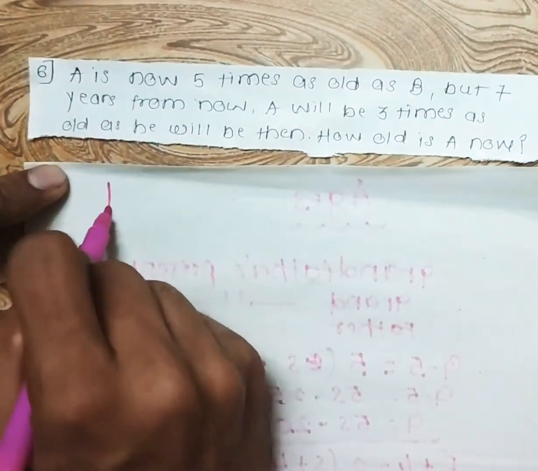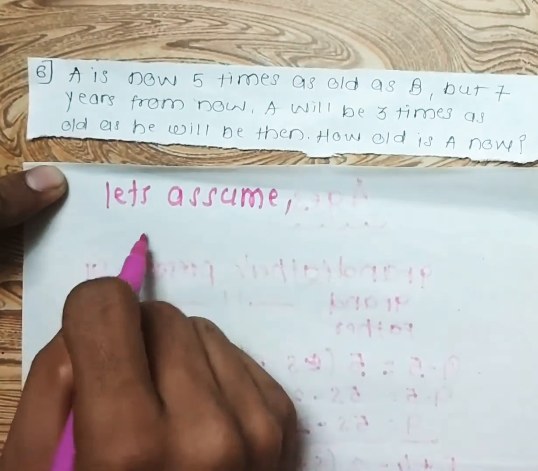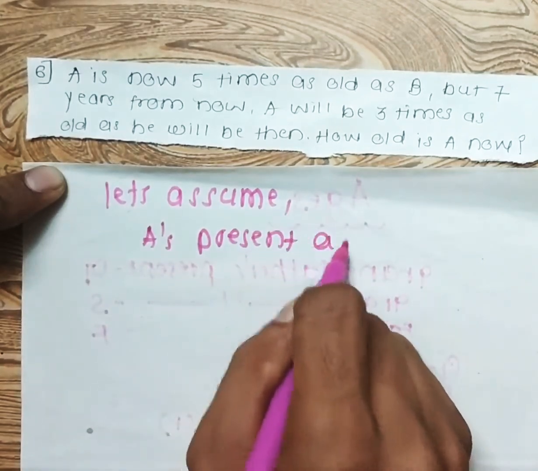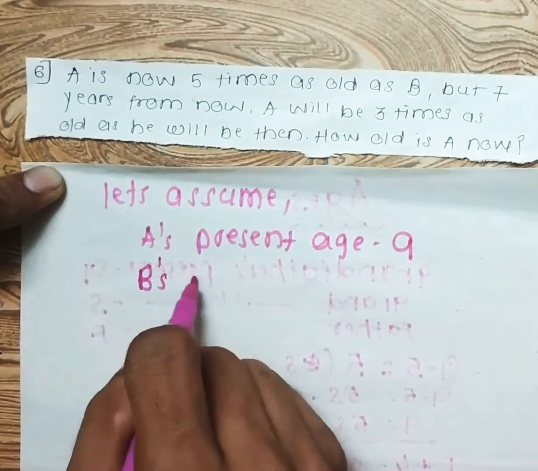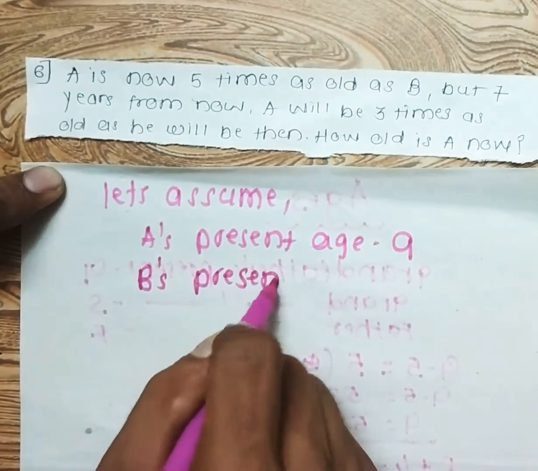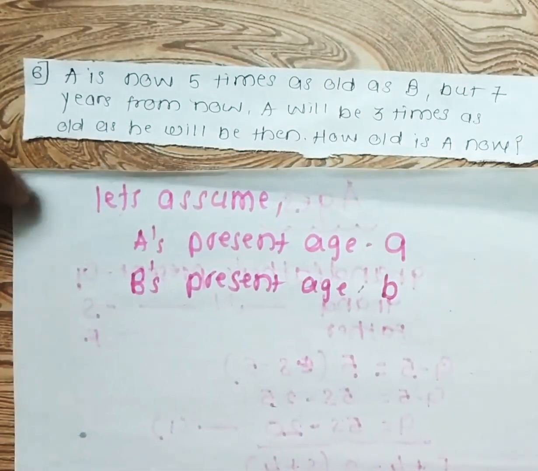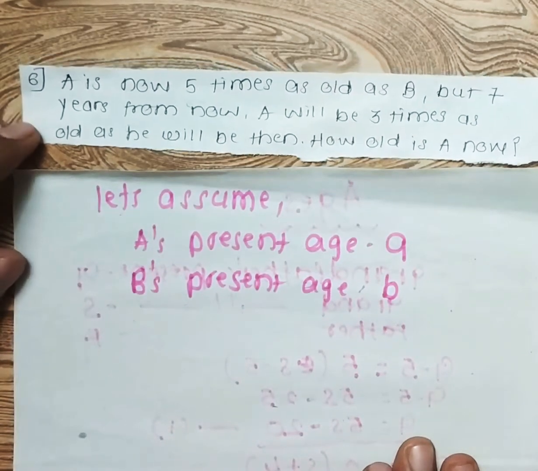Let's assume A's present age is A. Similar for B also, B's present age is B. Because we don't know the ages of A and B, we just assume the present ages as A and B. You can put any character here, it doesn't matter.